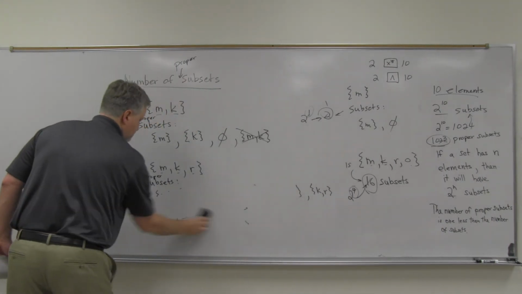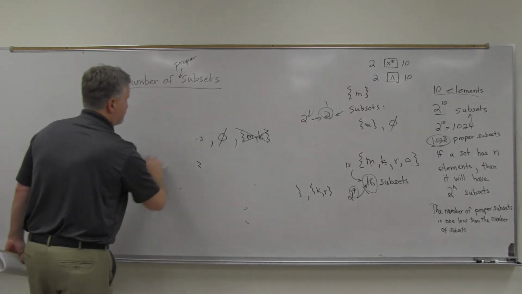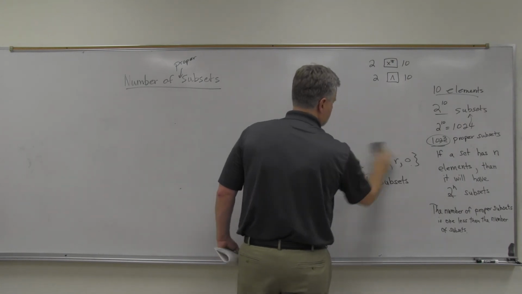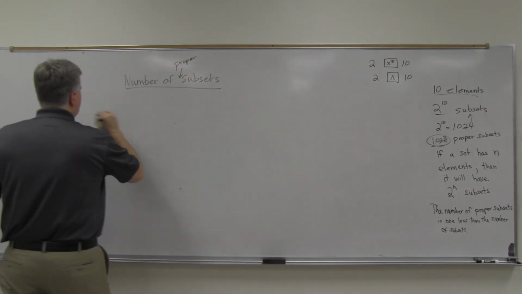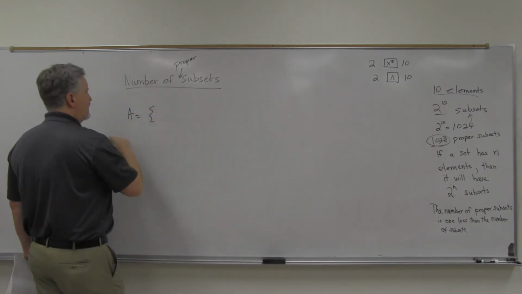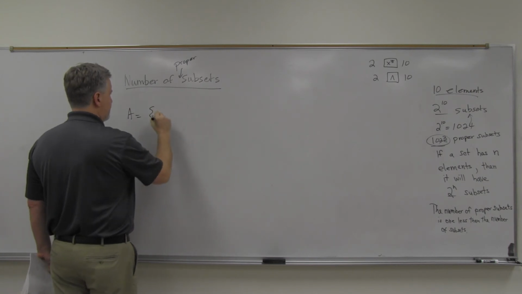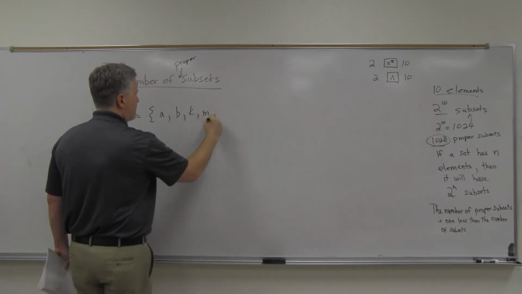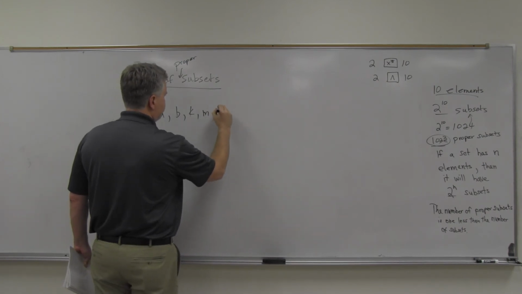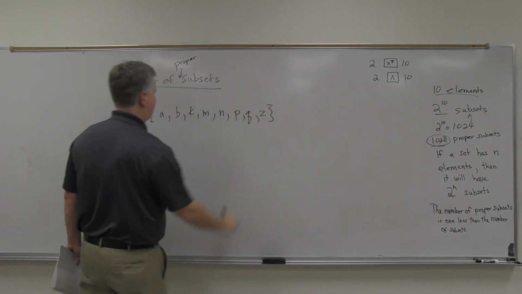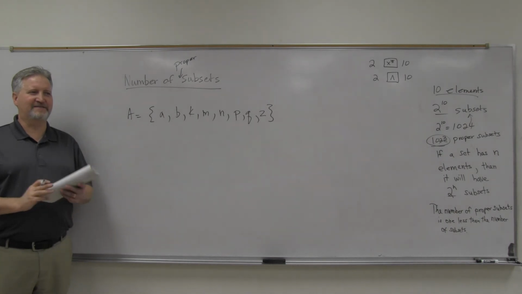Okay, so let's do one all the way from scratch here. If I have A equals, let's just make it easy, A, B, K, M, N, P, Q, and Z. Just kind of a random selection of letters there.